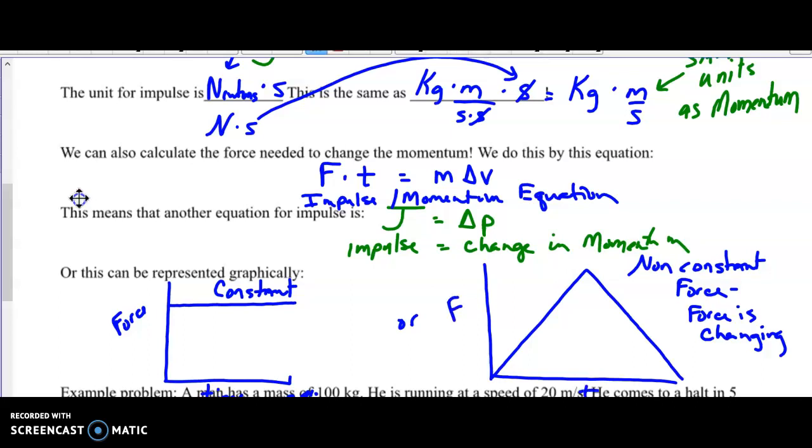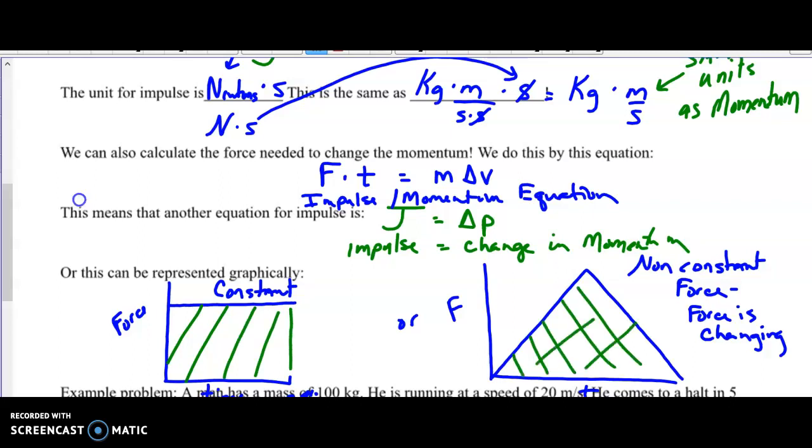Okay, now I'm going to shade these in. This area underneath this graph, it's a rectangle, and the area under this one, the triangle, those areas represent the impulse. Because aren't you taking force times time, the product of those two?